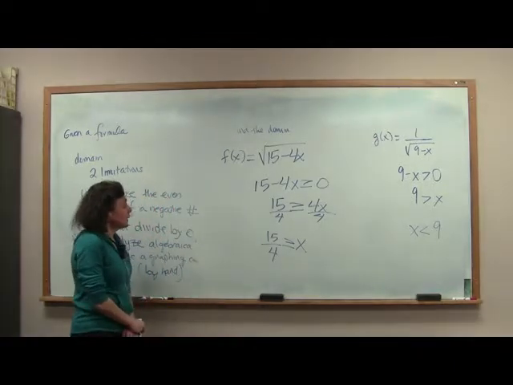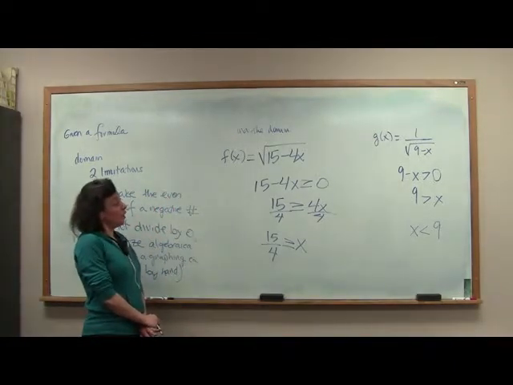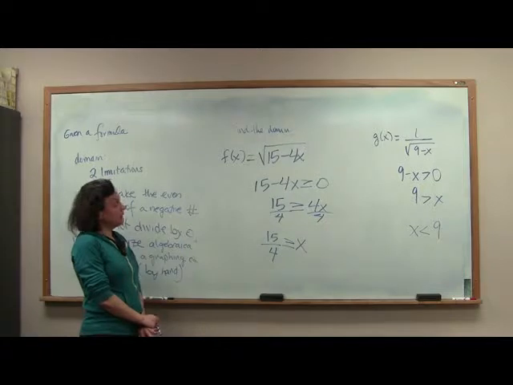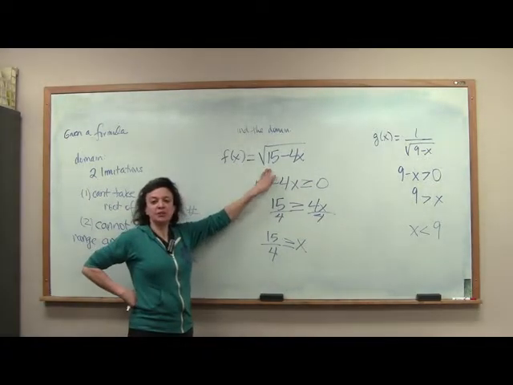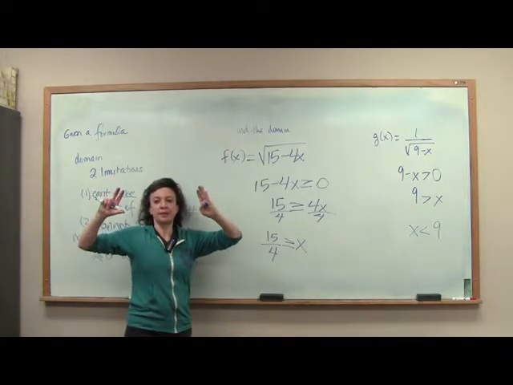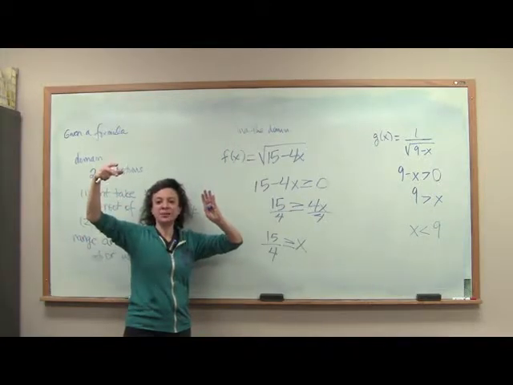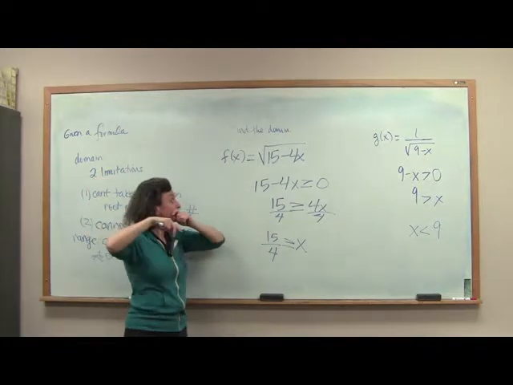Now, one quick comment that I would like to make is this. When you have a function equal to just the square root of something, once you take the square root, everything's positive when we graph it because we only consider the principal square root.